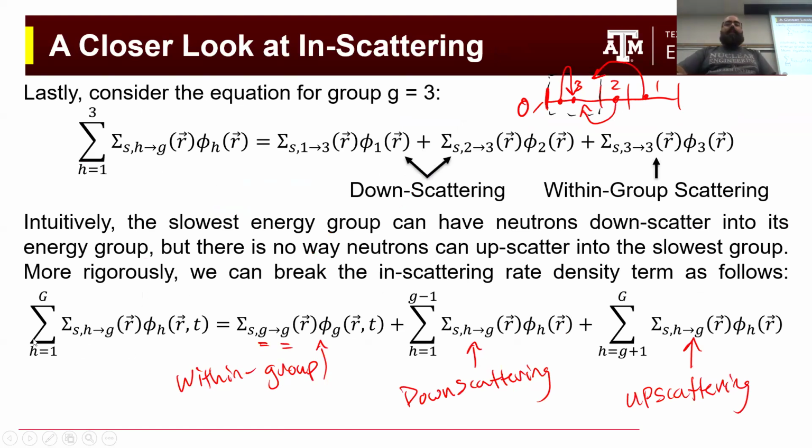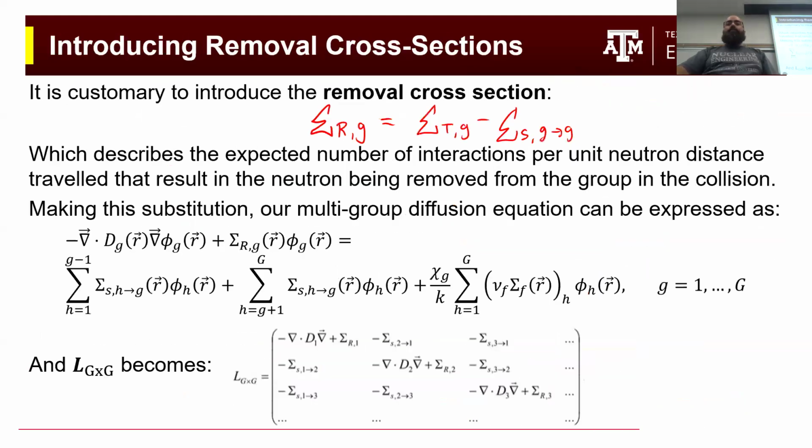This was the quantity that we originally had in the multi-group diffusion equation, and instead of writing one big sum, we can break it up into these three terms, where each of them corresponds to a different kind of scattering. We could plug that into the multi-group diffusion equation, move the within group term to the other side, and then use the definition of the removal cross-section to rewrite our multi-group diffusion equation like this.